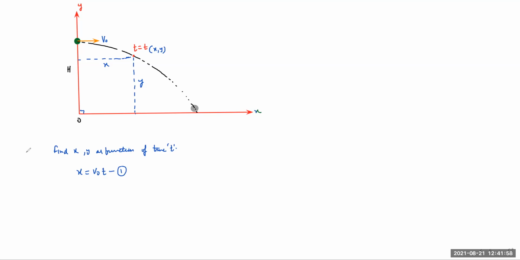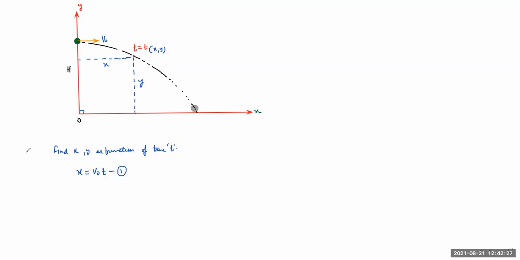Sir, it will be t square g by 2 equals y. I mean, how come you forgot the basic formula? I'm asking, first listen carefully. What is the displacement formula in one dimension? S is equal to ut plus half at square. Exactly. So can you apply that formula for x and y separately?